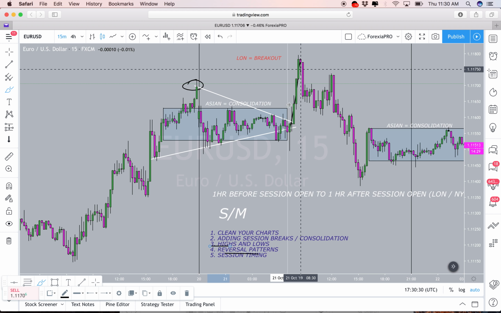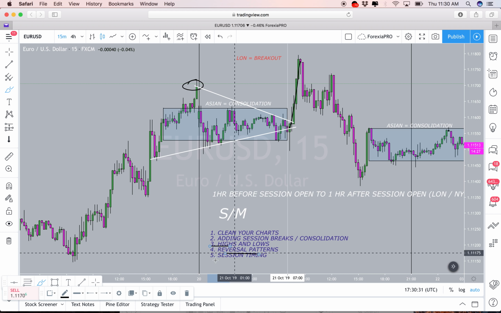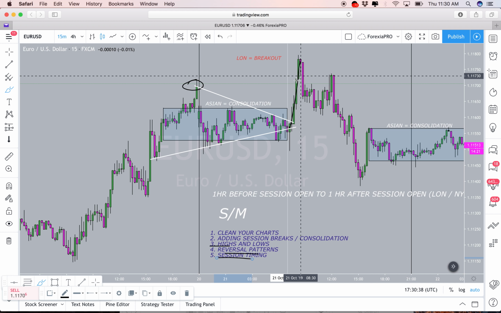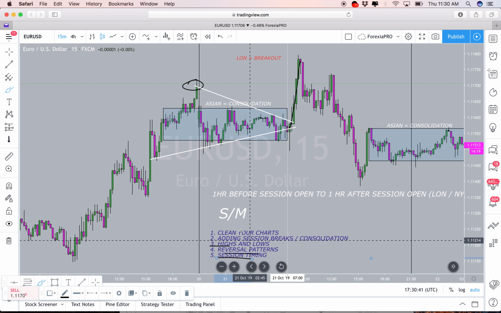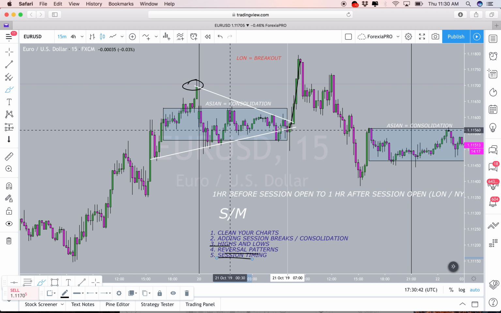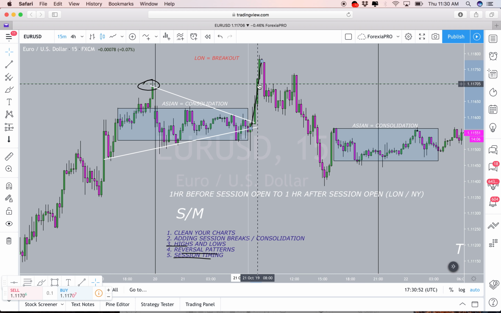We're breaking off the high exactly an hour after London session. We're working the high, and we have multiple reversal patterns. We have the signature trade and an M formation. That is your criteria to enter.